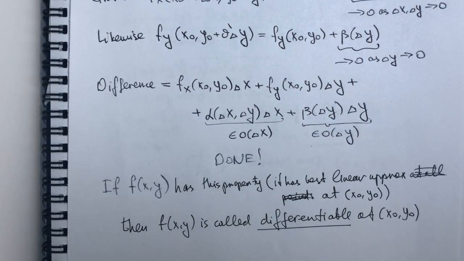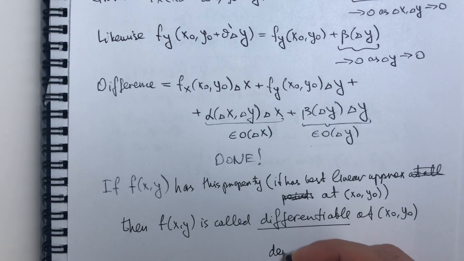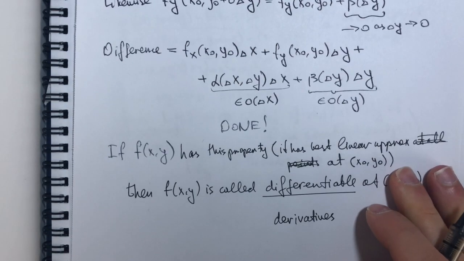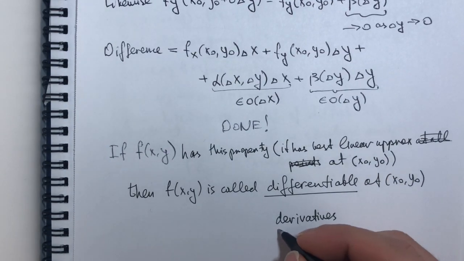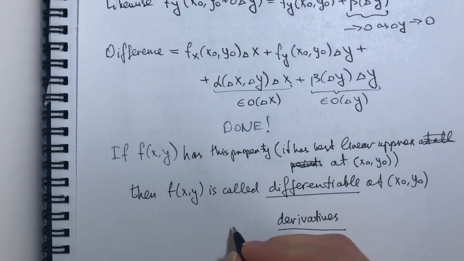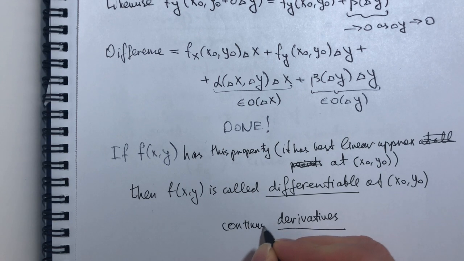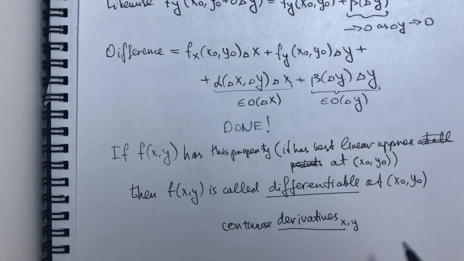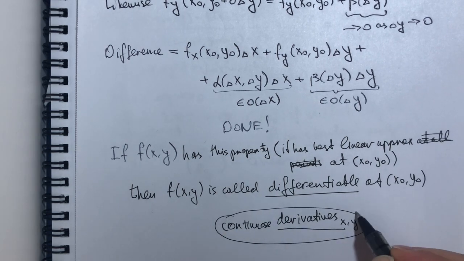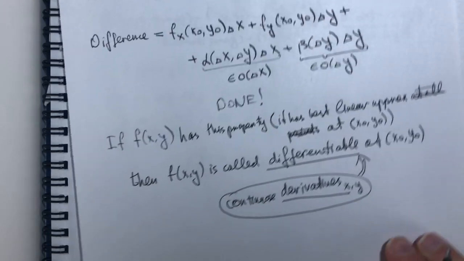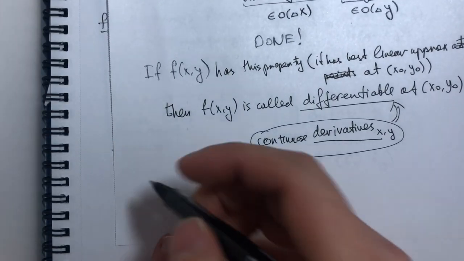So differentiable and derivatives are related, but it is not the same thing. Once again, in this video we proved that continuous partial derivatives in x and y imply differentiability. What about another direction?